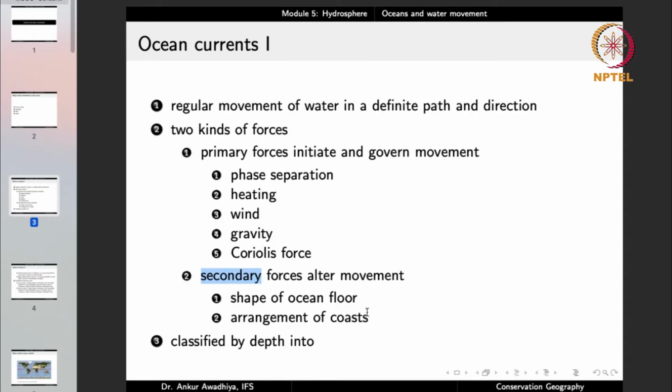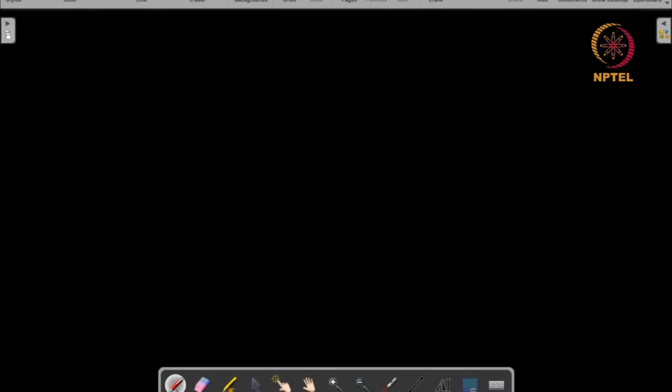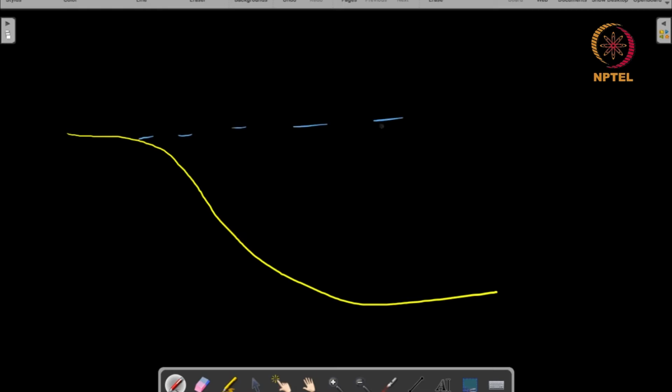Similarly, the arrangement of coast. So in this body, when we have a current that is moving on the surface, when it reaches this coast, then it cannot move on the land because this is a water current.